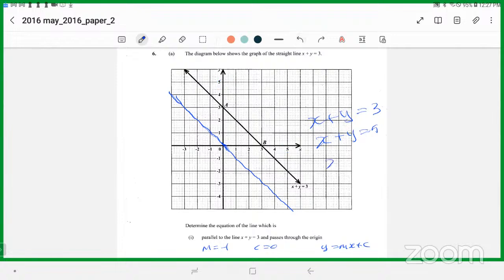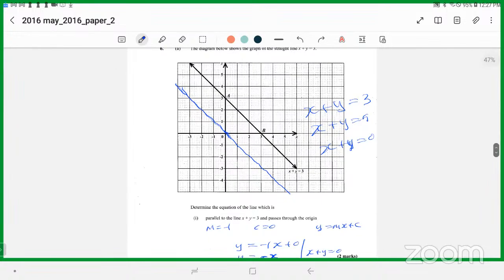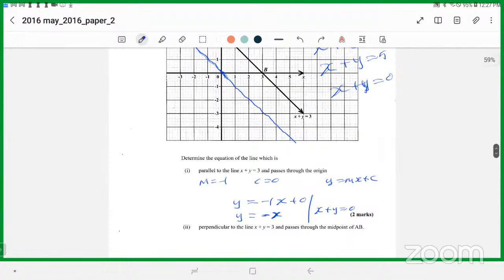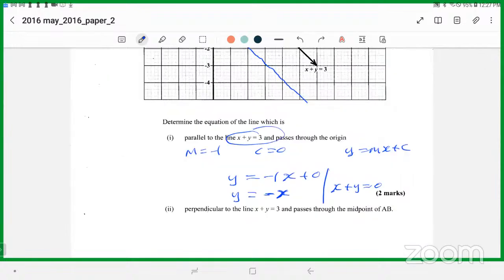And if it is x plus y equals 0, it is the x plus y line that passes through the origin. So we could have known it from here: it's parallel to x plus y, so another x plus y line passing through the origin. So this is x plus y equals 0. You could have just written this one. That's the same equation. We could figure it out with the gradient and y-axis intercept as I did here. So you could just write down x plus y equals 0.